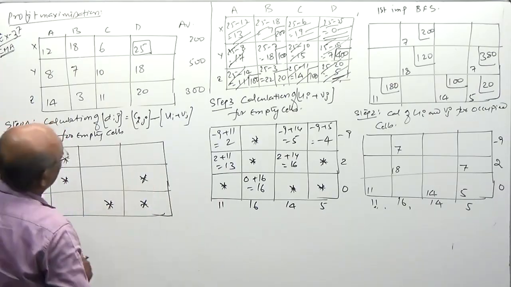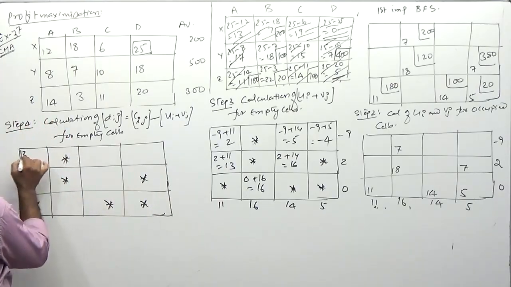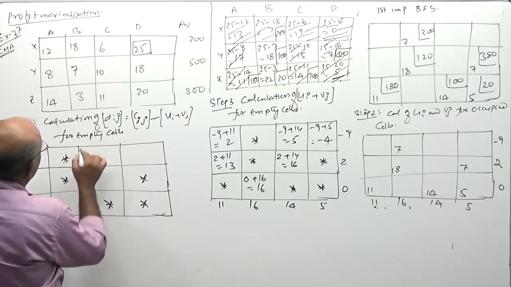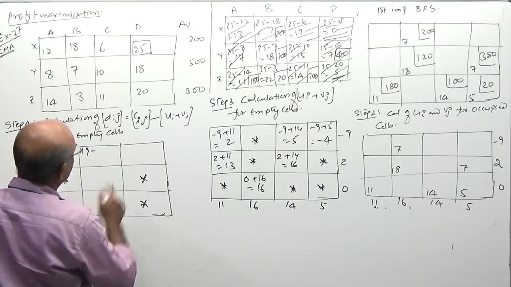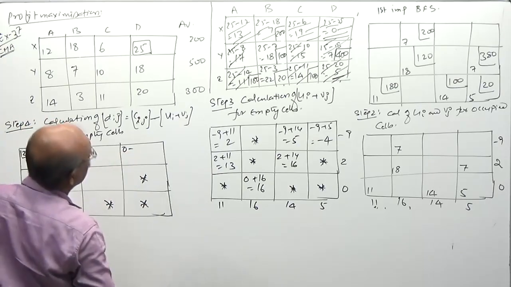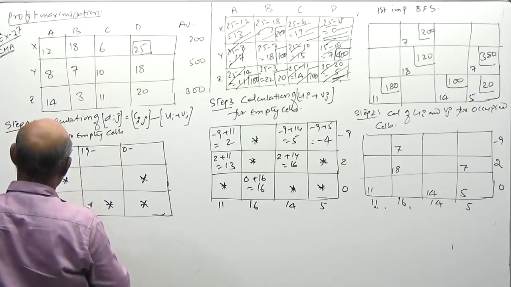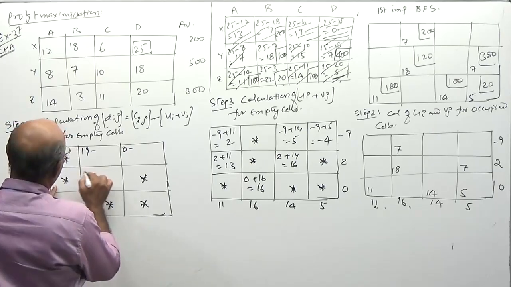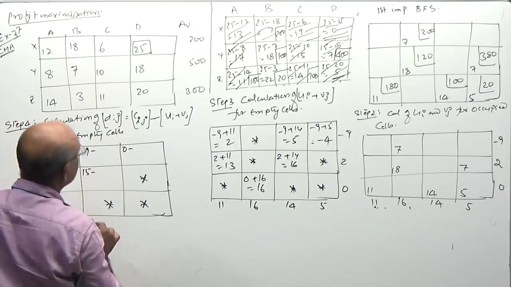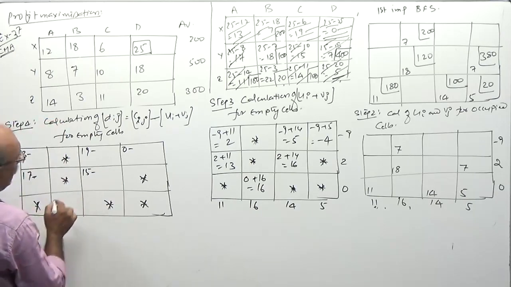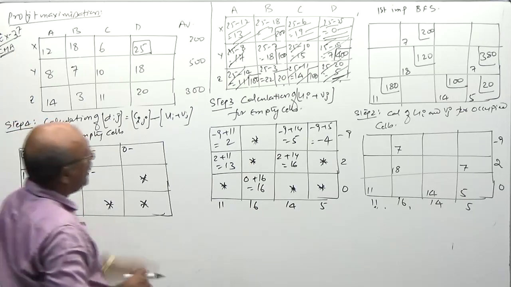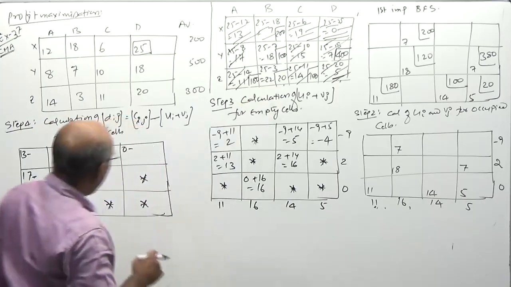Now write the cost from the original matrix: 13 rupees minus, 19 rupees minus, 0 minus, 17 rupees minus, 15 rupees minus, 22 rupees minus. It is an empty cell now, sir.